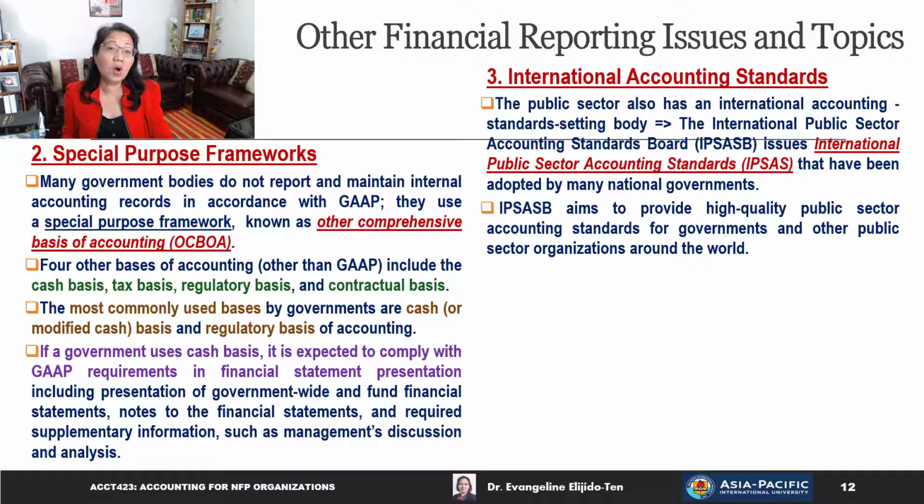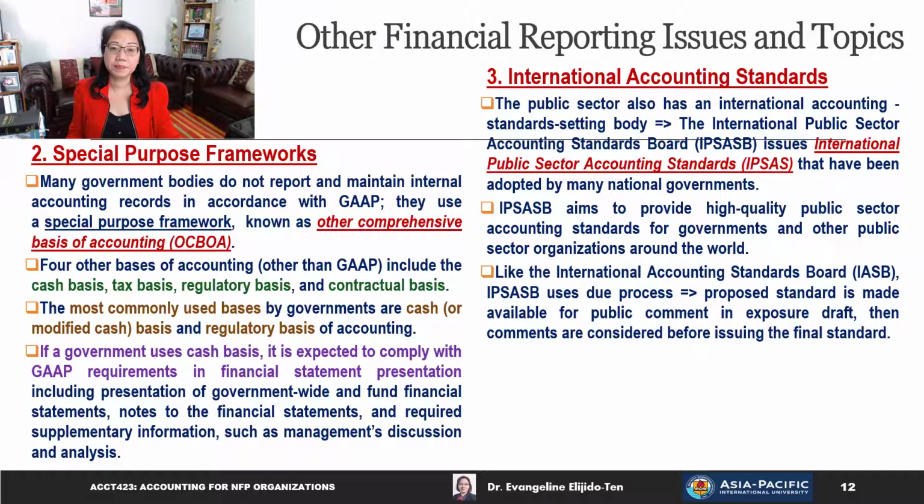The aim of the board is to provide high-quality public sector accounting standards for governments and other public sector organizations around the world. Like its counterpart, the International Accounting Standards Board, the International Public Sector Accounting Standards Board uses due process whenever they are issuing standards.